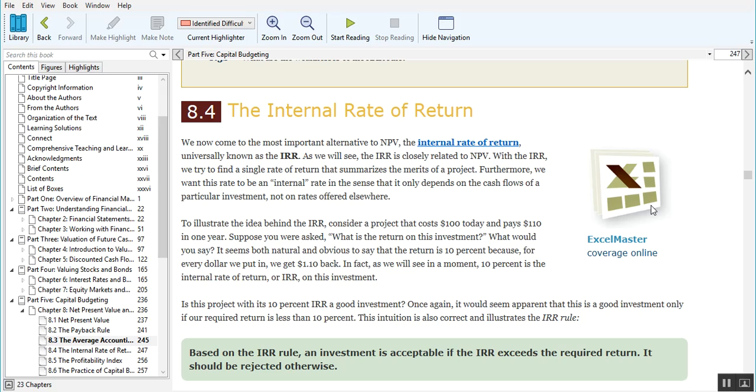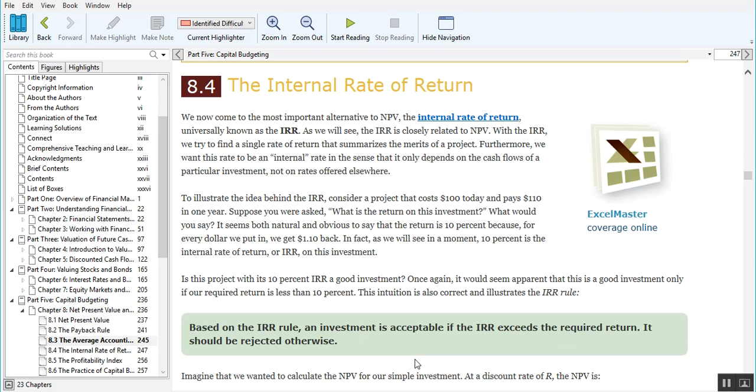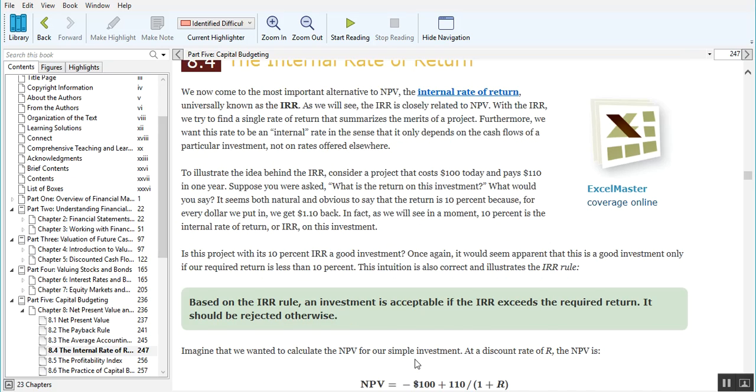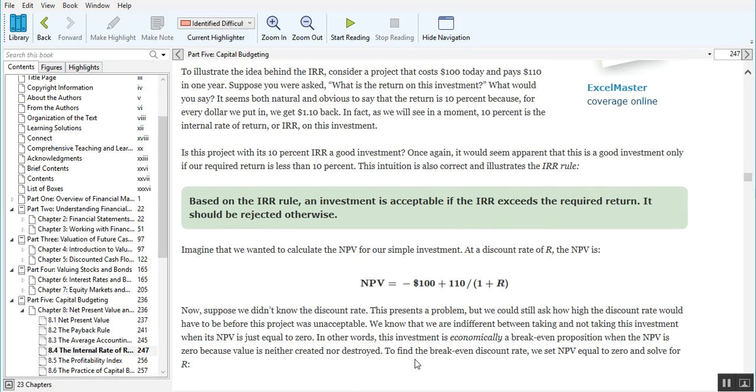Another method for estimating whether or not you take on a project is the internal rate of return. An internal rate of return rule says an investment is acceptable if the internal rate of return exceeds the required return, and if it doesn't, it should be rejected. So let's think about this considering net present value, for example.